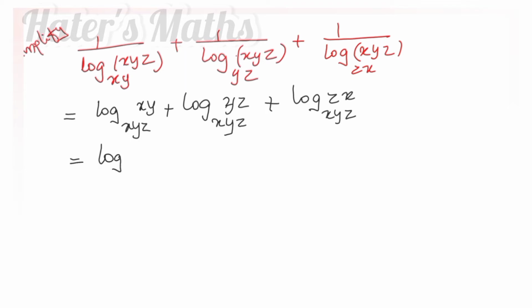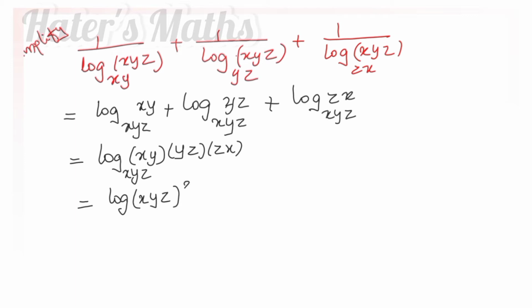Applying the product rule, it becomes log of xy into yz into zx to the base xyz. Now it is equal to log xyz whole square to the base xyz. Again, using the power rule, it can be written as 2 log xyz to the base xyz. And we know that log a to the base a is equal to 1, so 2 into 1 equals 2 is the answer.